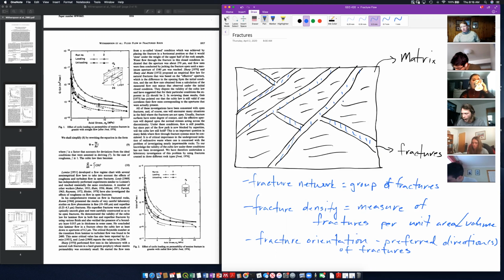Another thing that you can't really see here because we've just considered a single cube is that these fractures never go on indefinitely. At some point, they tend to taper out and close off.